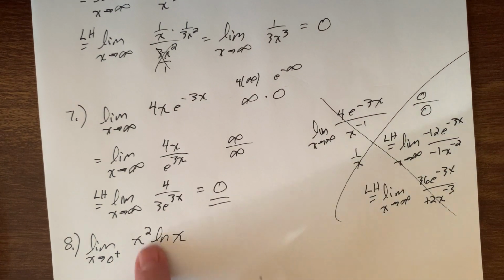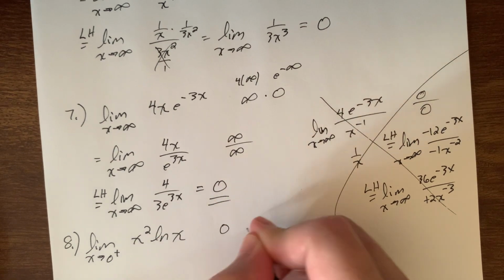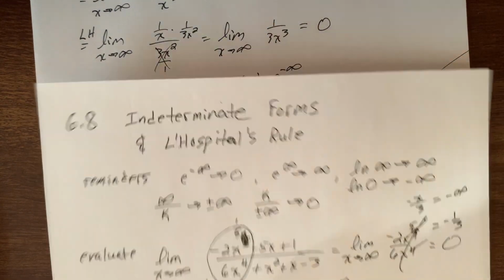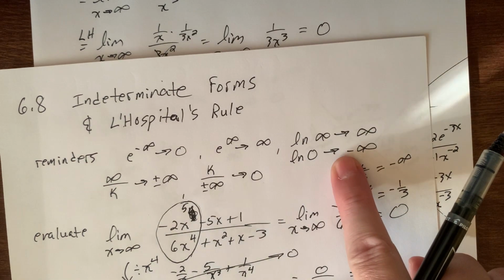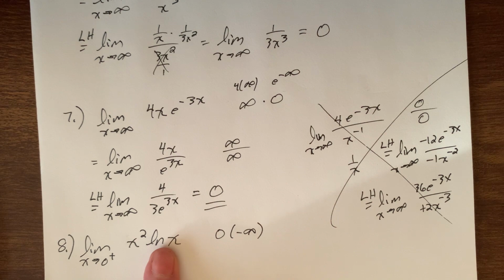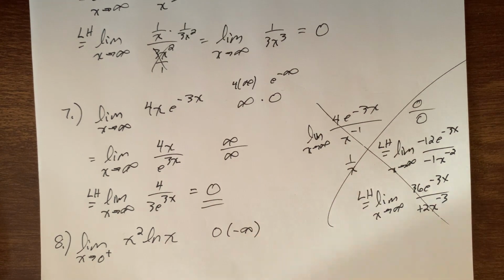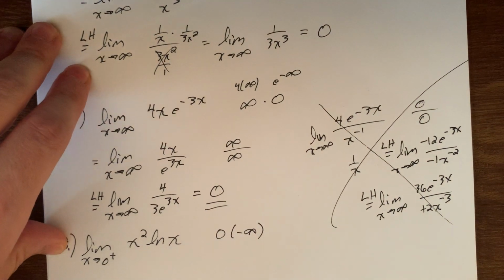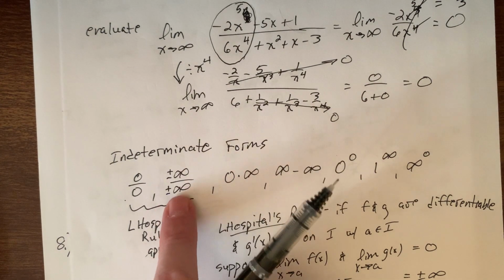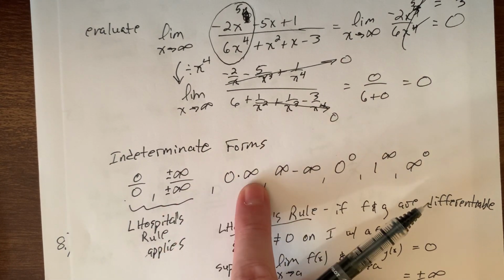I plug in 0 squared is 0. Log of 0 is negative infinity. Right, we made that note at the beginning, and here I needed it. Log of 0 from the right, technically, but it still takes me to negative infinity, and that is still indeterminate. Just like we said over here, the sign on infinity doesn't matter, same thing here.